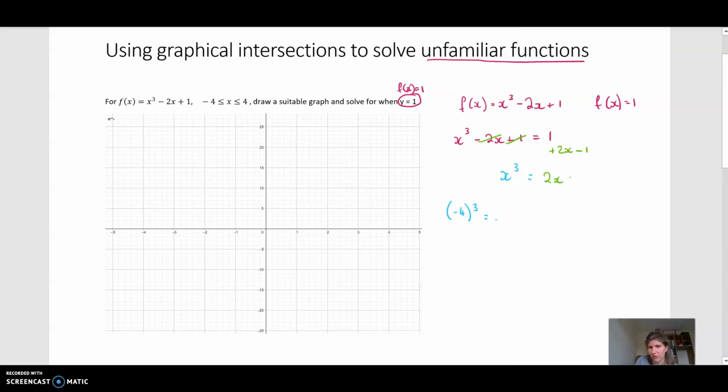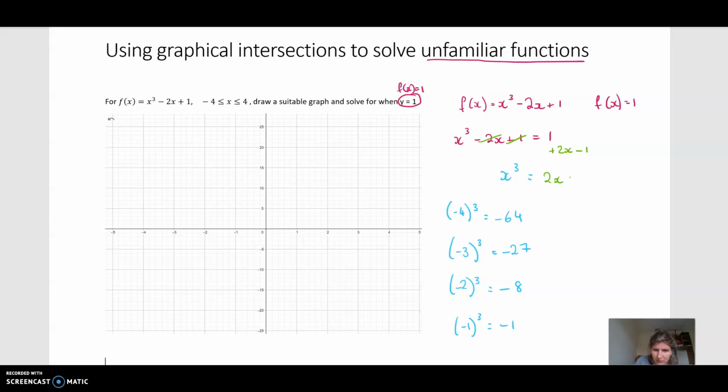Now that's not going to be actually on the graph, but that's all right. Okay, -3 cubed, so -3 times -3 times -3, and that's -27. -2 cubed is -2 times -2 times -2, so that's -8. -1 cubed is -1 times -1 times -1, which is -1.